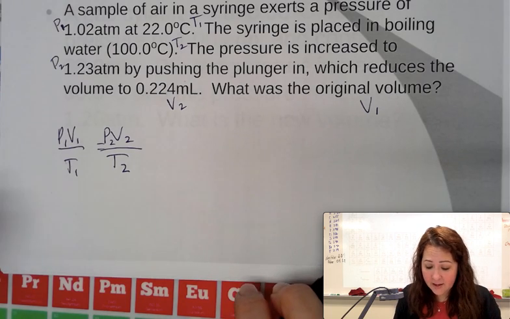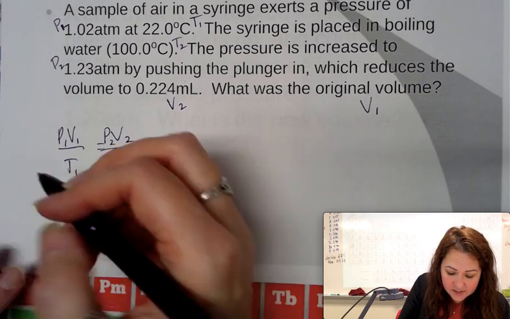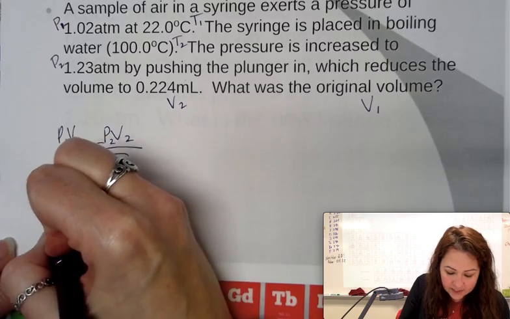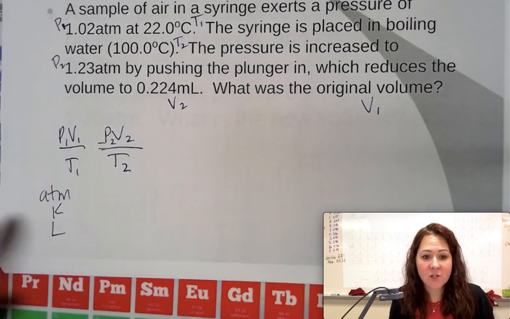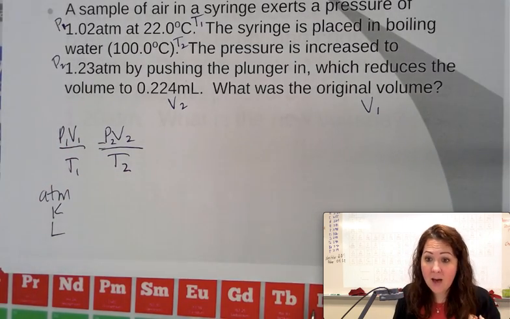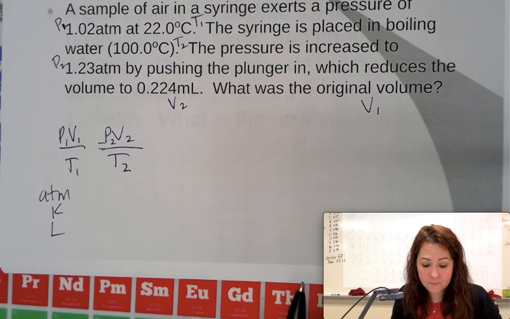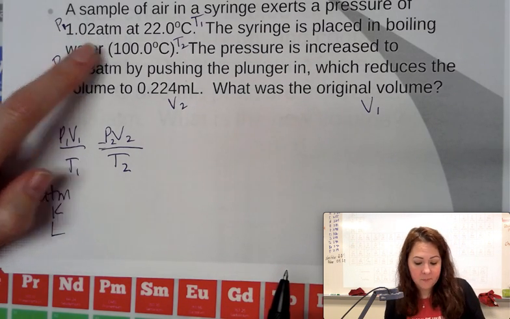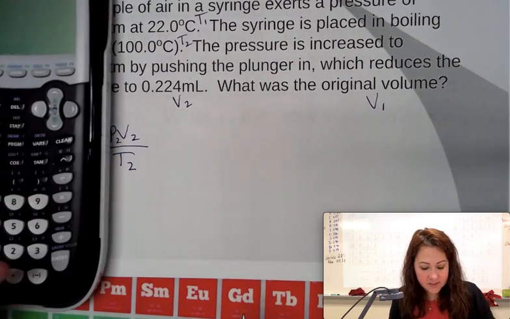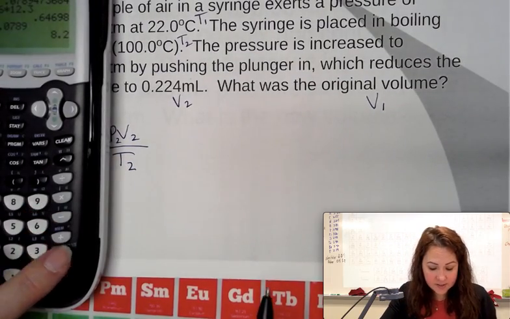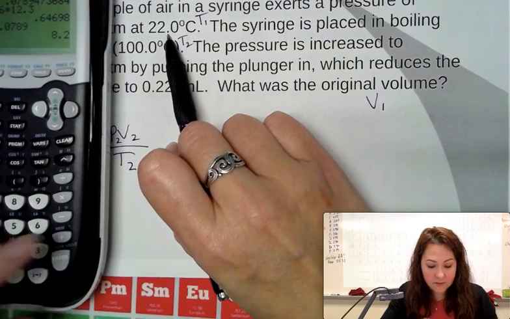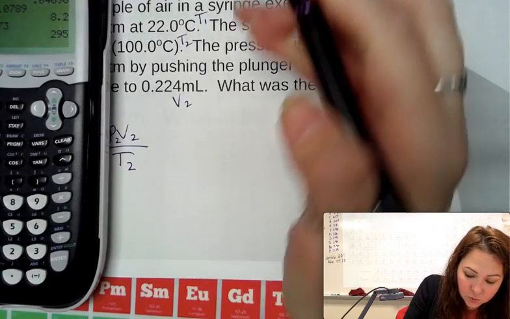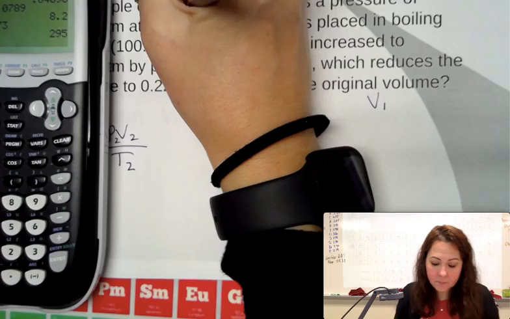After you have that, you just have to make sure that you have atm, you have Kelvin, and you have liters. Once you have the correct units, then you just plug it in and do the math, just like in algebra class. So 1.02 atm is a good unit, but the 22 degrees Celsius is not. I need to change that to Kelvin. So 22 plus 273 gives me 295 Kelvin.